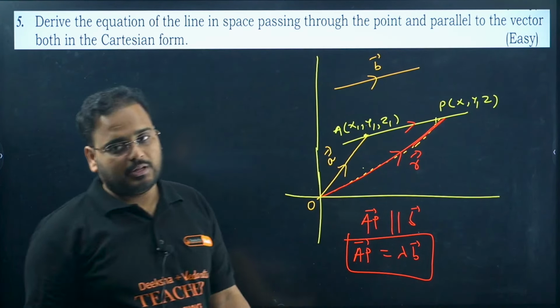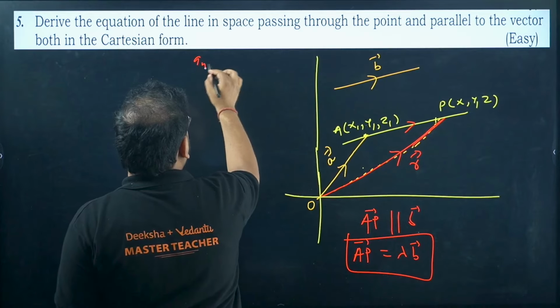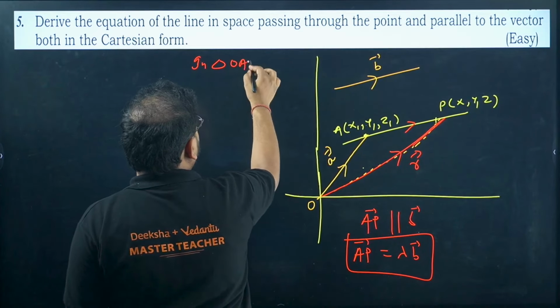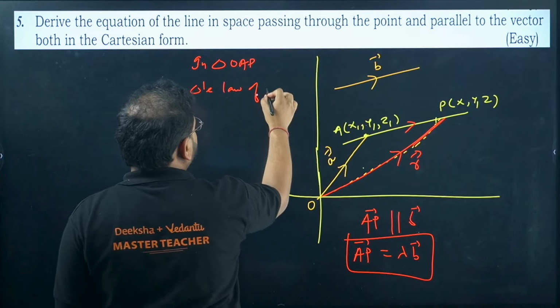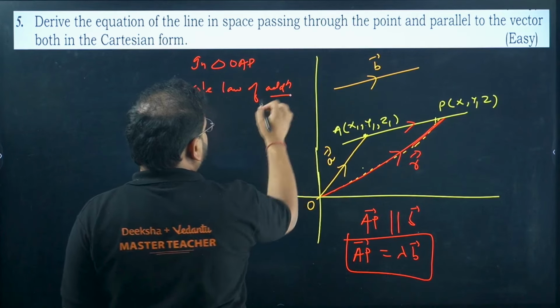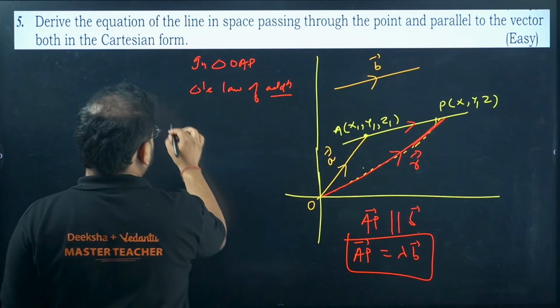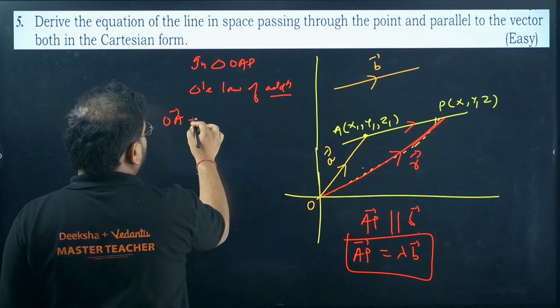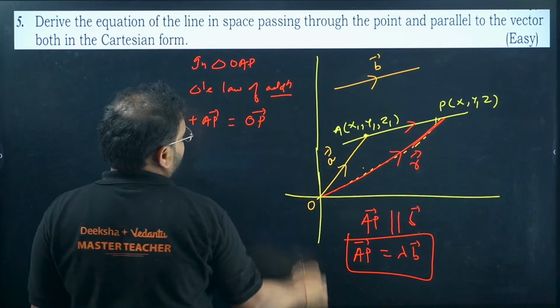Now in triangle OAP, if you apply the triangle law of addition that we have learned in our vectors, we can write OA plus AP as vector OP.